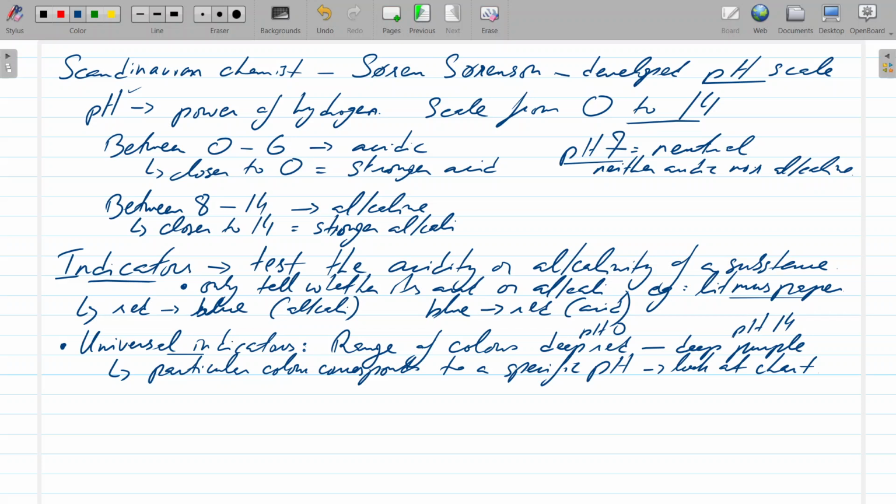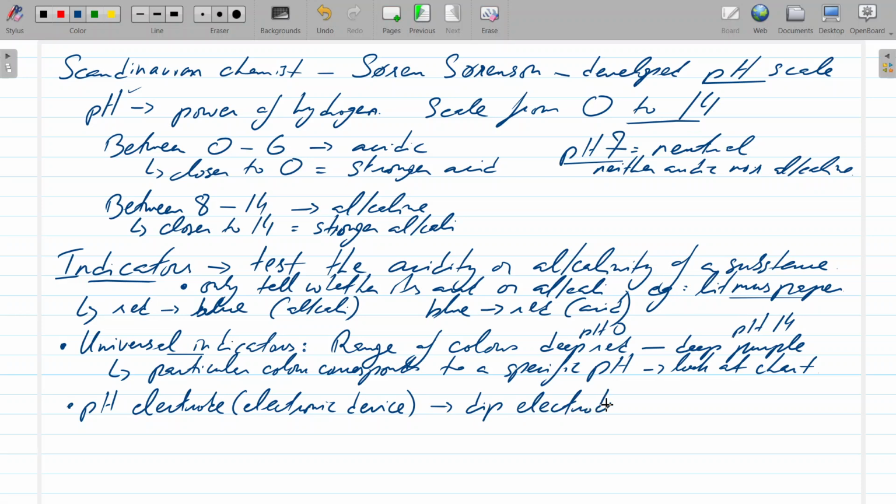Another way of doing it is by using a pH electrode. That's an electronic device. You dip the electrode into the solution, and it will give you a pH reading on the screen.